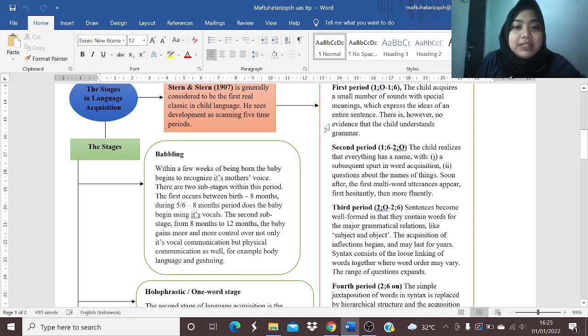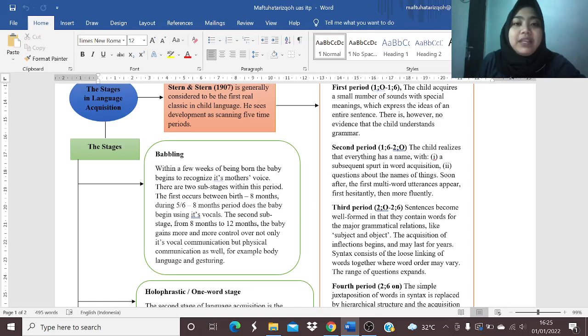These stages can be broken down even more into smaller stages: pre-production, early production, speech emergence, beginning fluency, intermediate fluency, and advanced fluency. In this video, I will explain the four main stages of language acquisition.